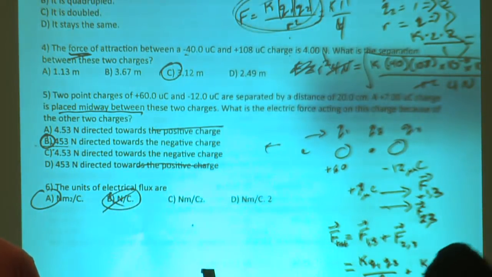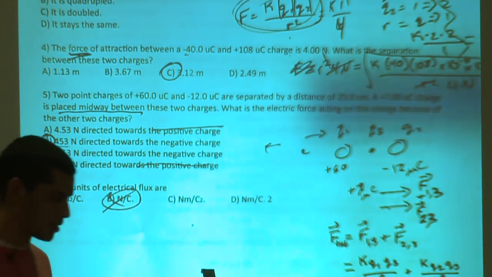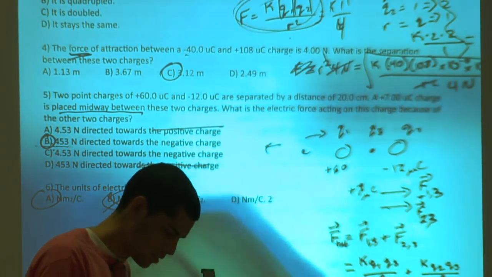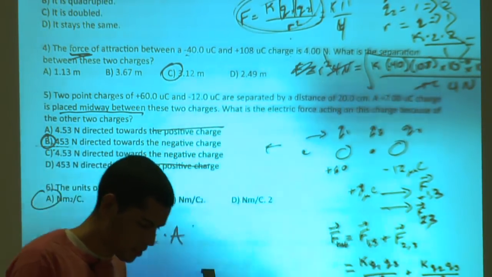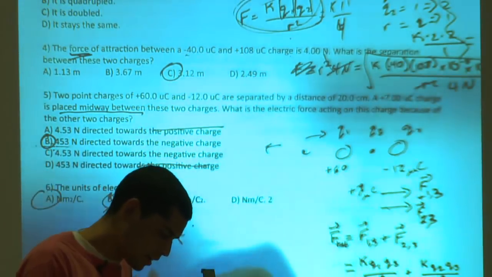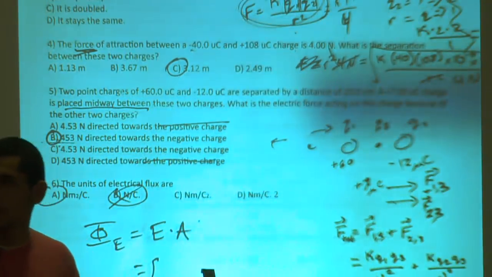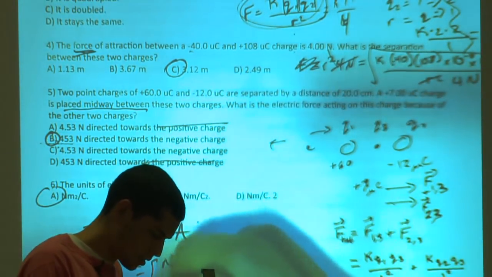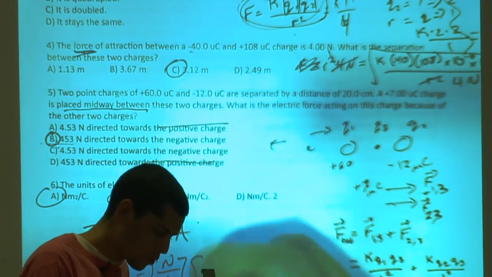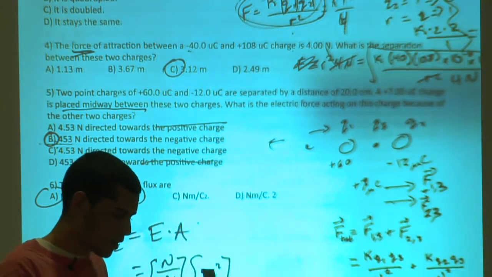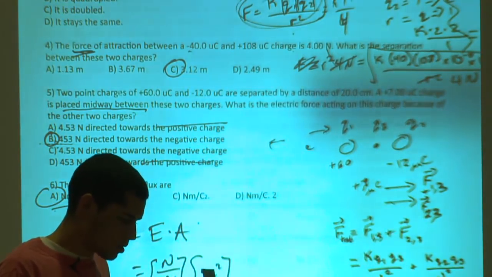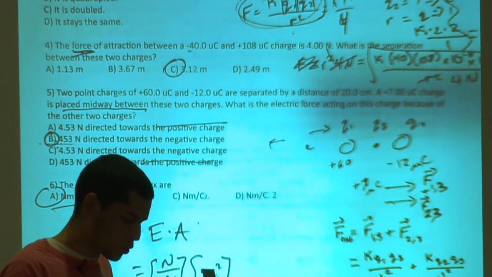Why? Because flux would be electric field times the area. Okay, it's electric field times the area, and electric field is what? Newtons per coulomb. And then area, of course, is meters squared. Okay, and then we'll see that we get newton meters squared over coulomb.